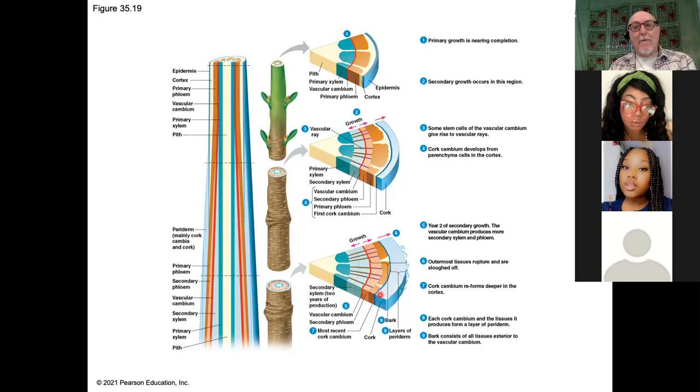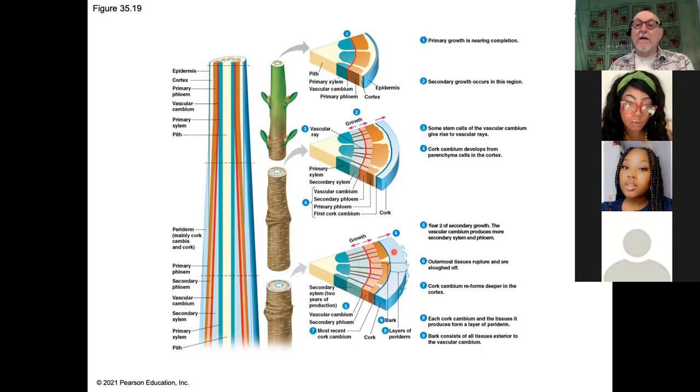The Cork Cambium has a very strange property, and that is it can die off and reform. So this is what happens. This layer of phloem here gets crushed into the cork there, and the Cork Cambium reforms on the inside here and begins to form new cork.